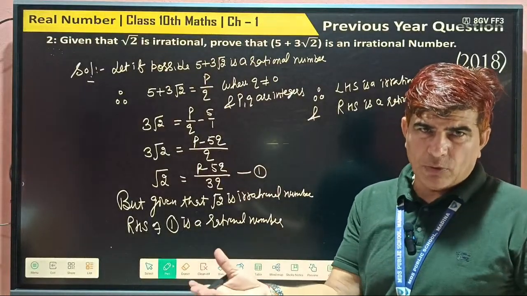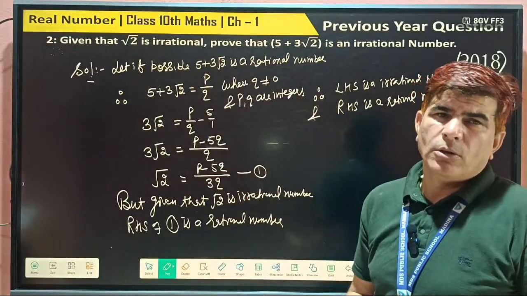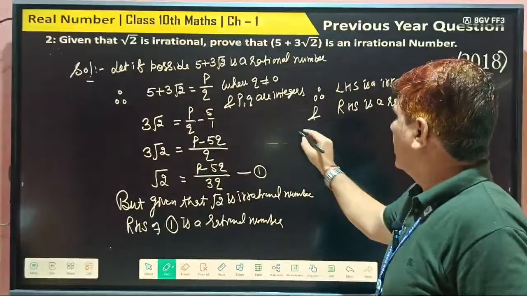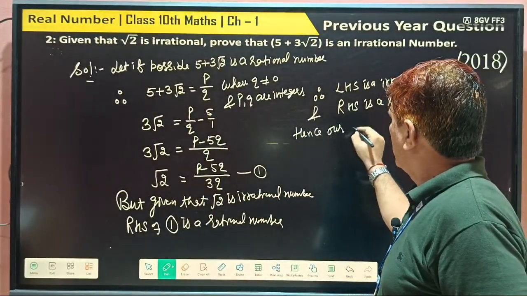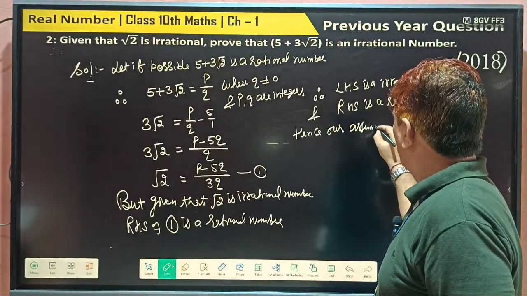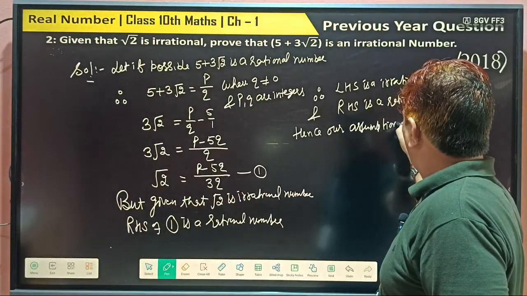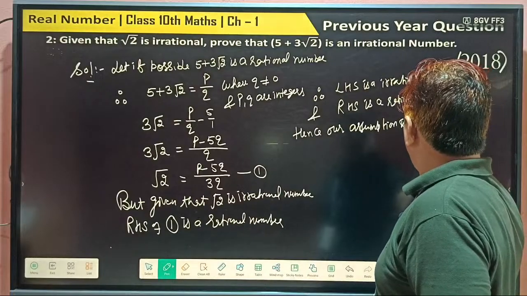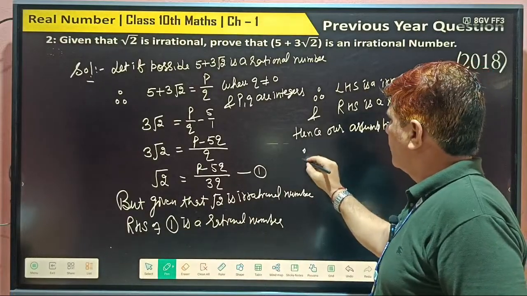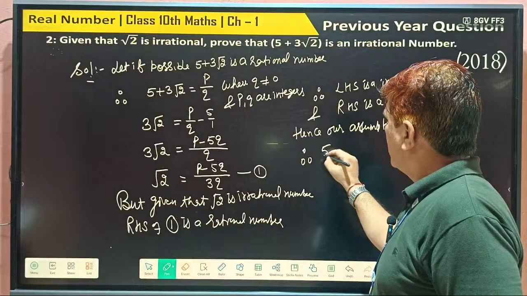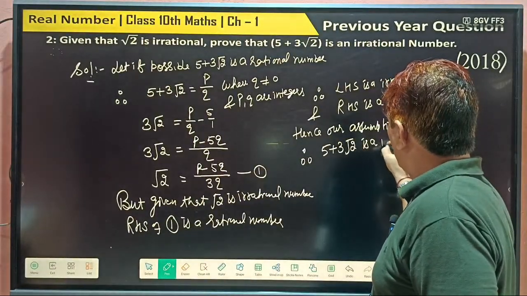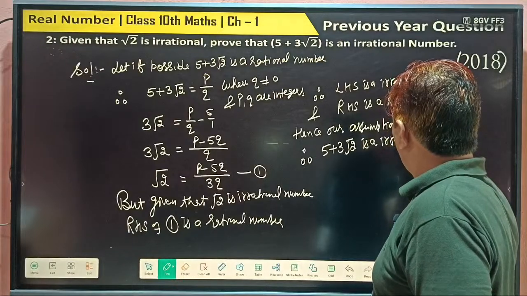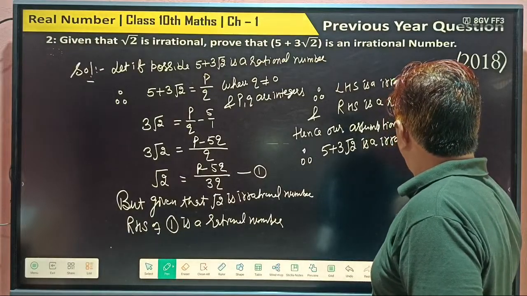Not possible. We cannot compare them also because both are unlike. Hence, our assumption is wrong. Therefore, 5 plus 3 root 2 is an irrational number.